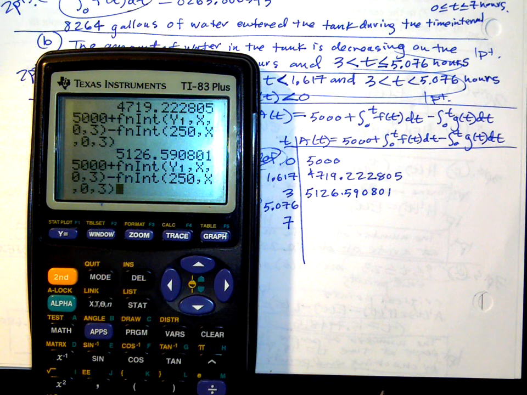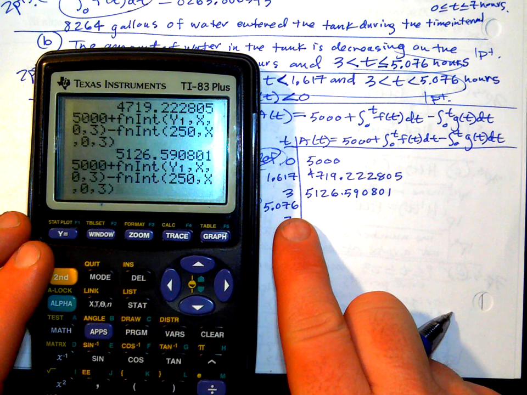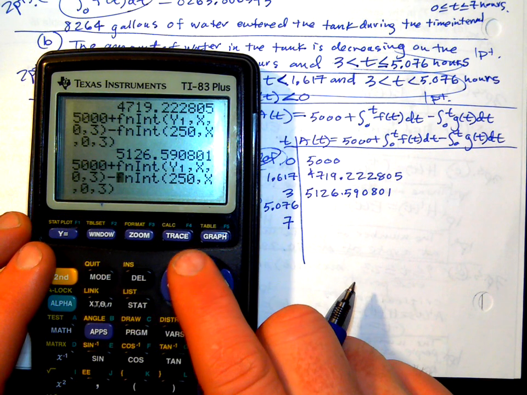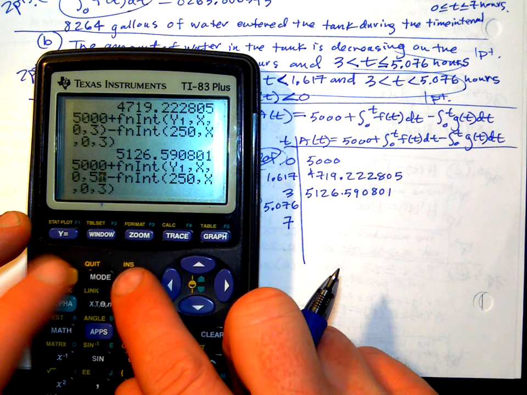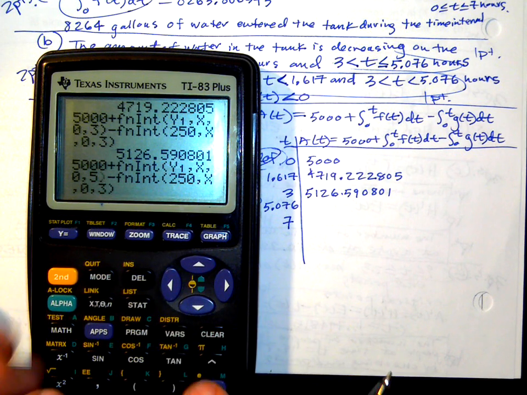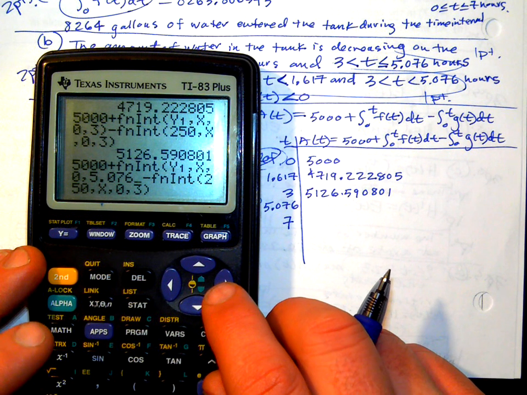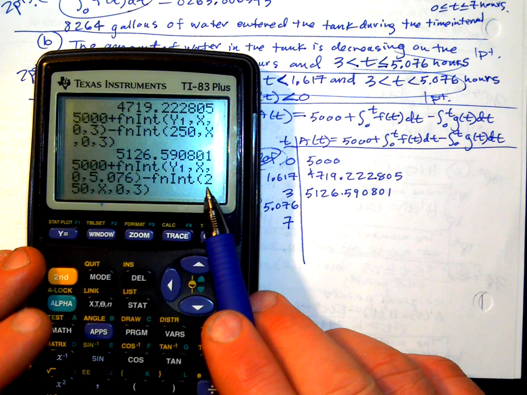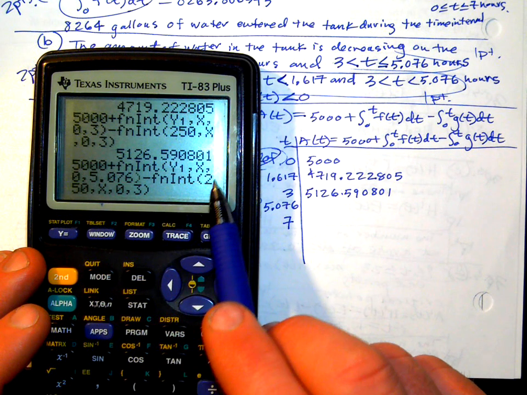Okay. Now this gets interesting because now we want to do it all the way to 5.076. We're not going to say this one is 0 to 5.076, because the function is only 250 from 0 to 3.